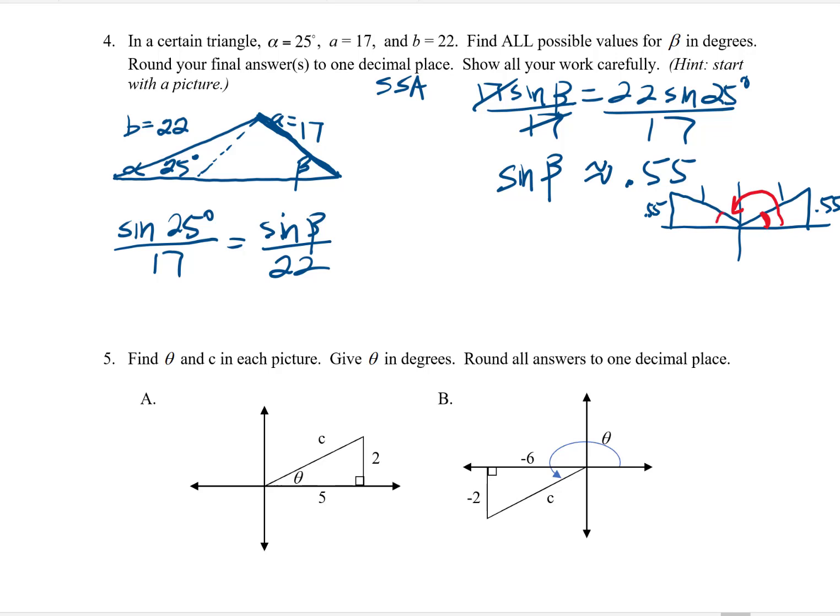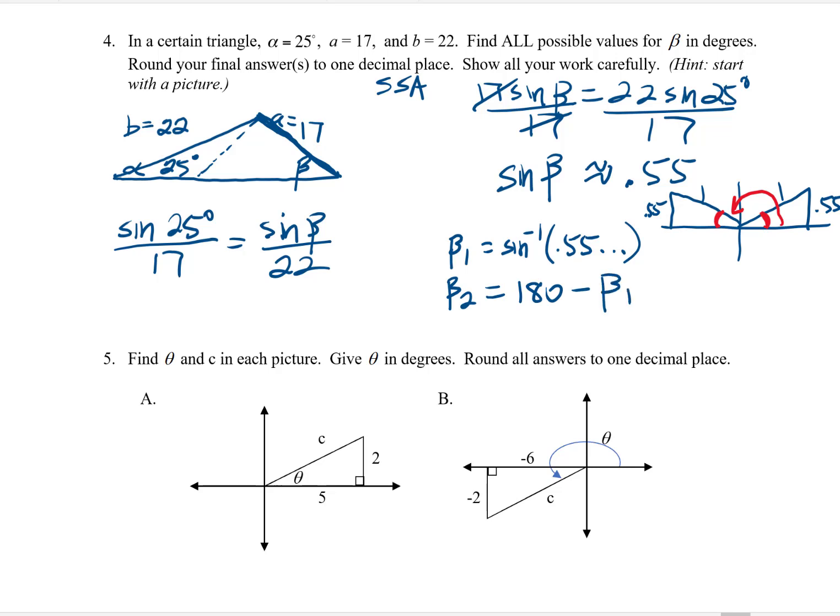I'll have to do 180 degrees minus the first piece. So I think what we're saying is potentially we've got beta 1 is sine inverse of that 0.55 number. Of course, we'll use the whole long thing in the calculator. And then beta 2 is going to be 180 degrees minus that first little angle.